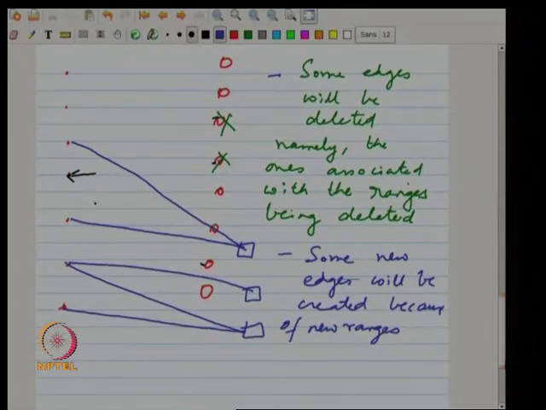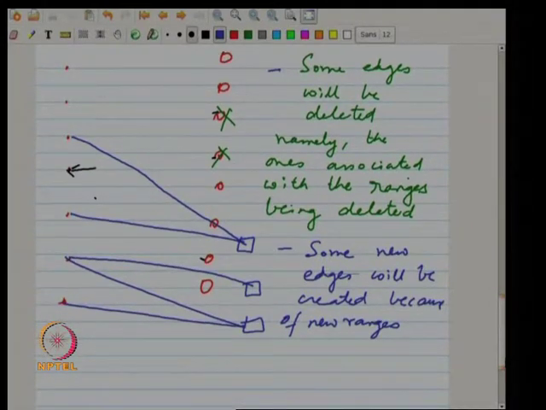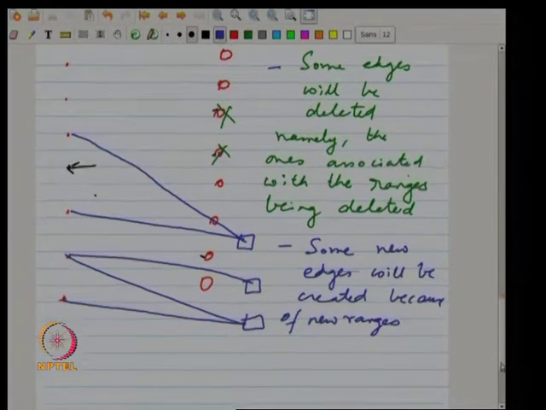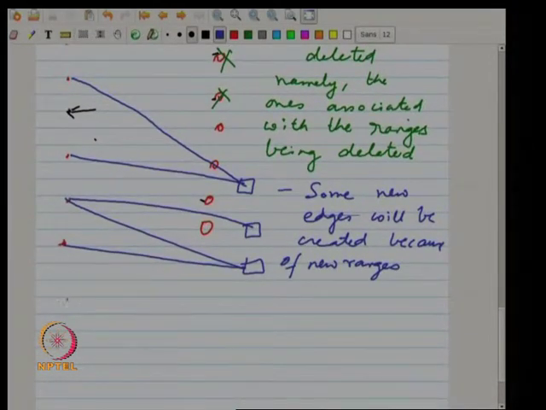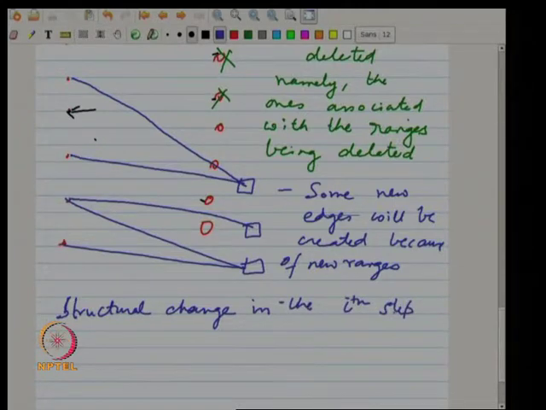And so, if you look at the structural changes in the graph, we will have to account for the edges that are deleted and the edges that are created. In the most simple case, we should count both of them, the edges deleted, the edges created, right. So the structural change in the ith step is the number of edges deleted plus the number of edges created.